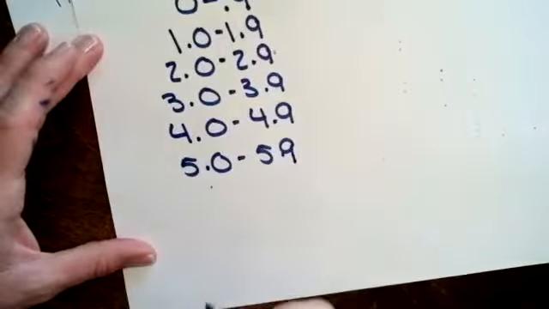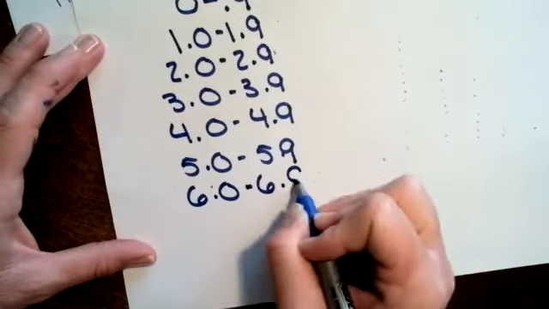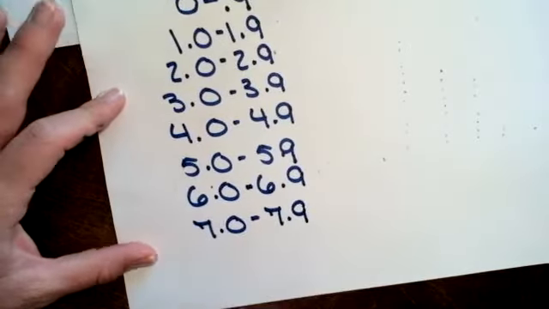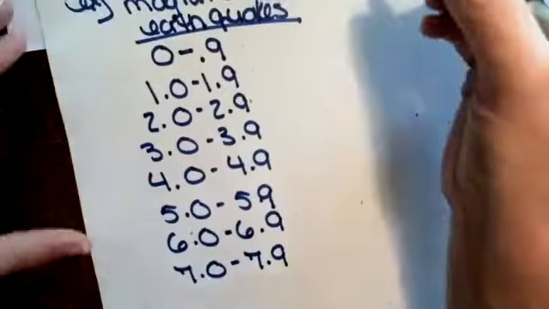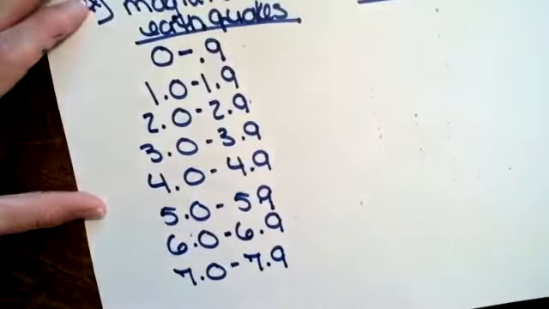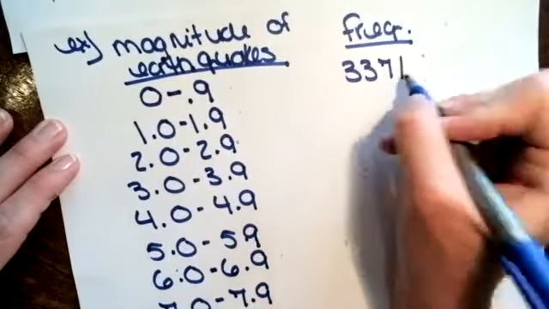Sorry, move this up here. All the way up to the 7s for the data I have here, okay? Now my frequencies. I'm going to fill them in here.